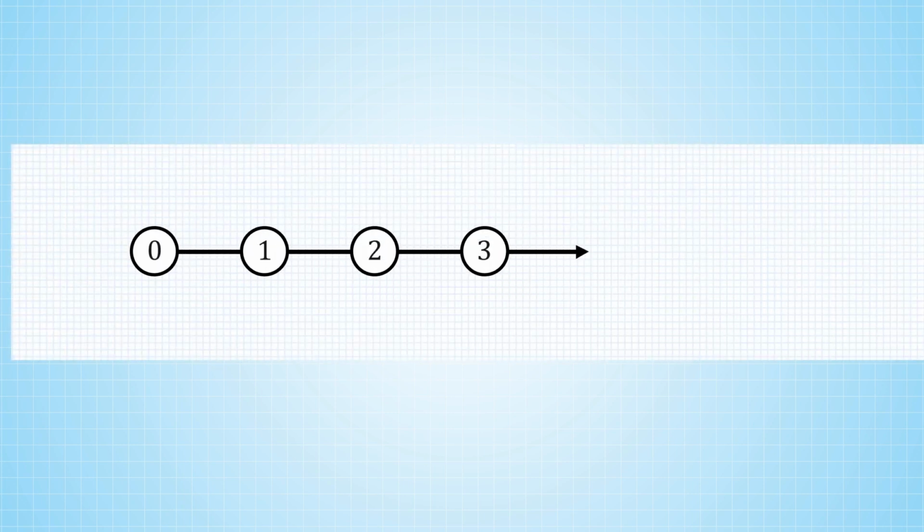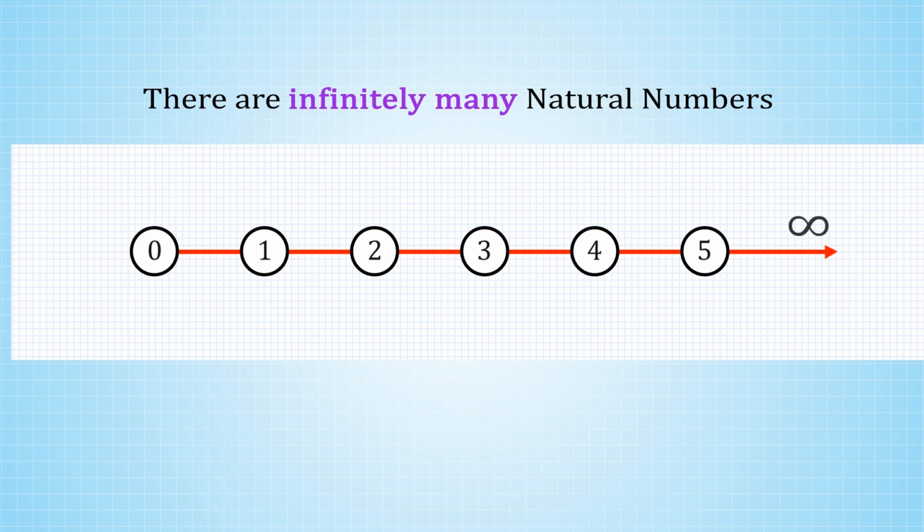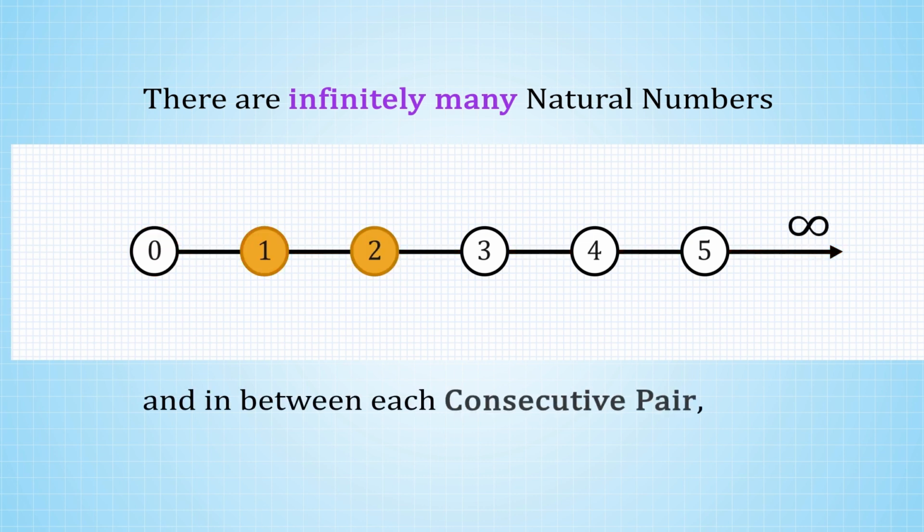Consider, for example, the natural numbers. There are infinitely many natural numbers, and in between each consecutive pair, there are infinitely many real numbers.